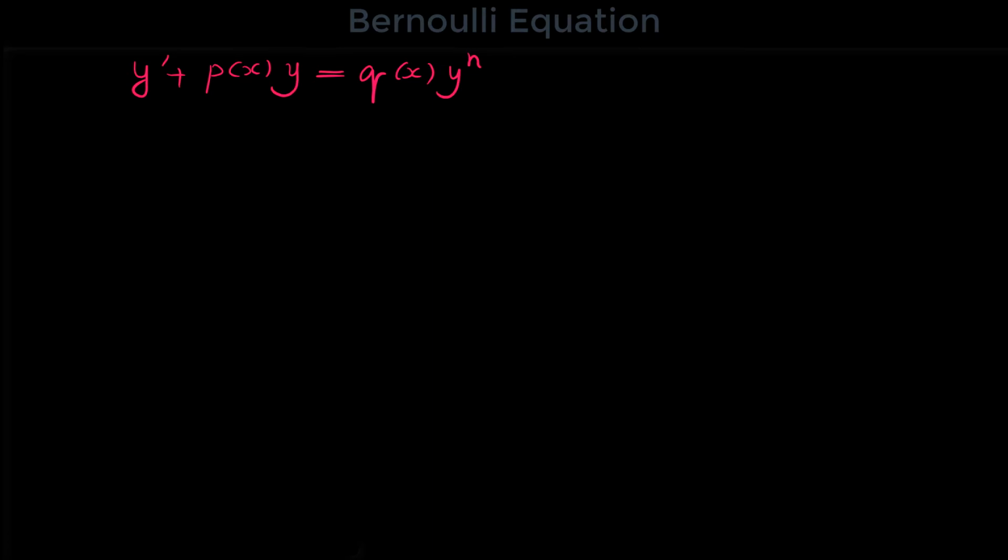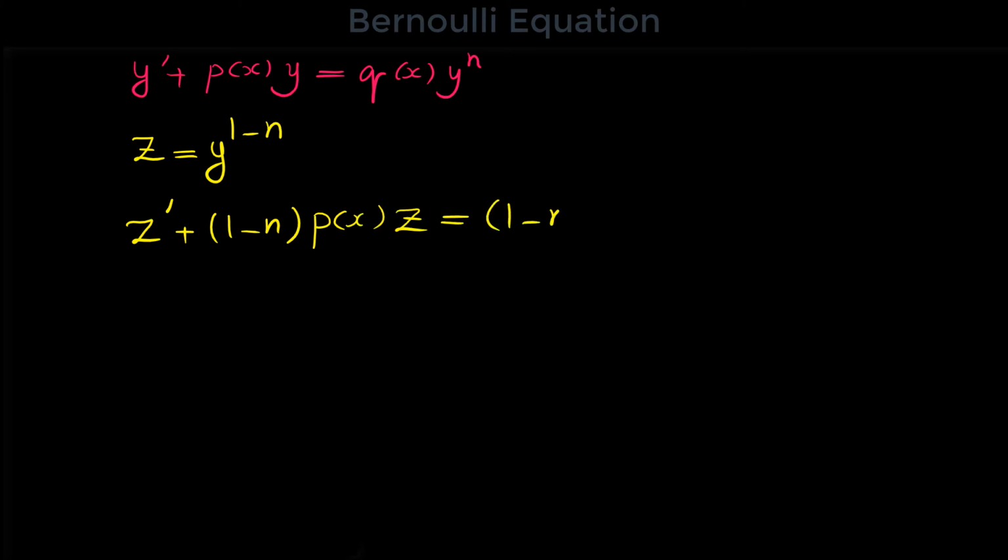With a simple substitution. If we suppose z to be y to the power of 1 minus n, with this substitution we can prove that the Bernoulli equation can be written as this differential equation: z prime plus (1 minus n) p of x times z equals (1 minus n) q of x.